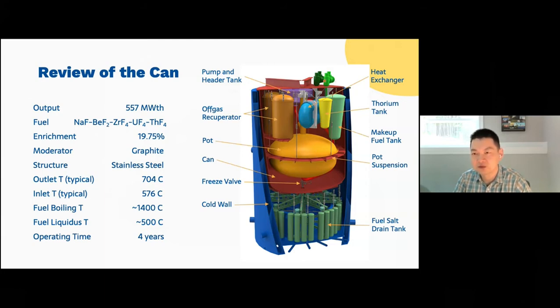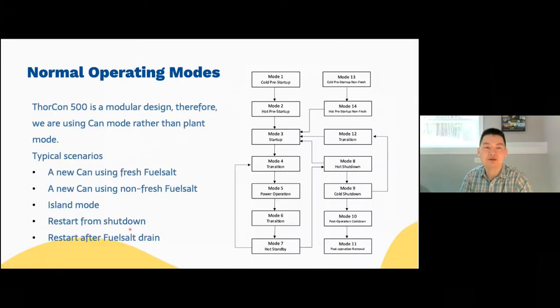Every time we disconnect it, we will have to shut off the valve. And when we connect it, we will have to open these two valves to let the secondary coolant loop circulate. Okay, hopefully this gives you a general idea of the system. So let's go to the normal operation.